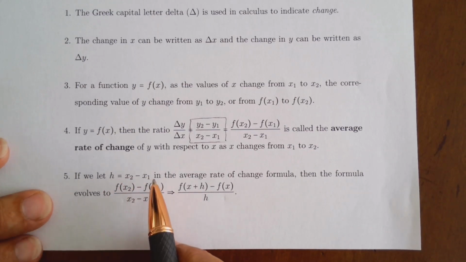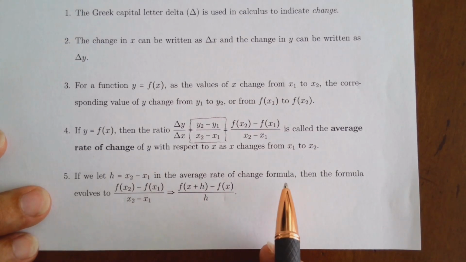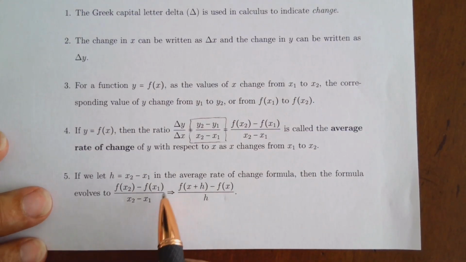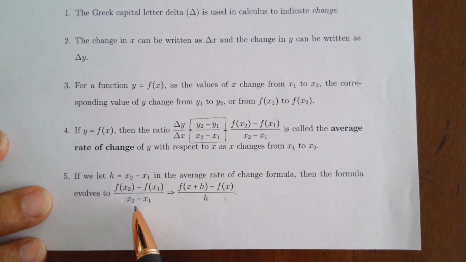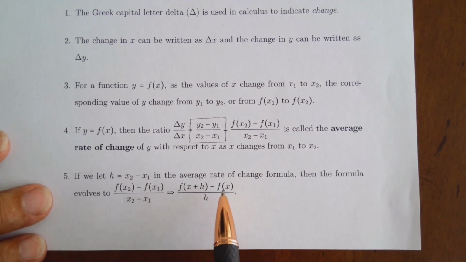So it says if we let the h equal x2 minus x1 in the average rate of change formula, then this formula that we had over here evolves to this. So instead of doing just slope, y2 minus y1 over x2 minus x1, we are going to do f of x plus h minus f of x over h.